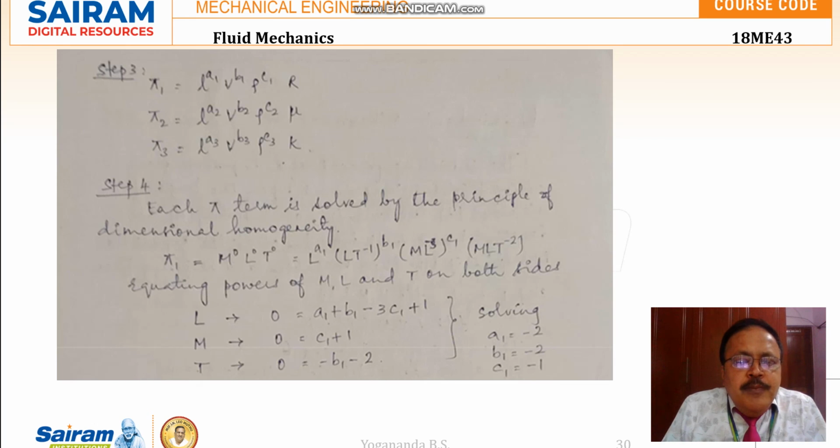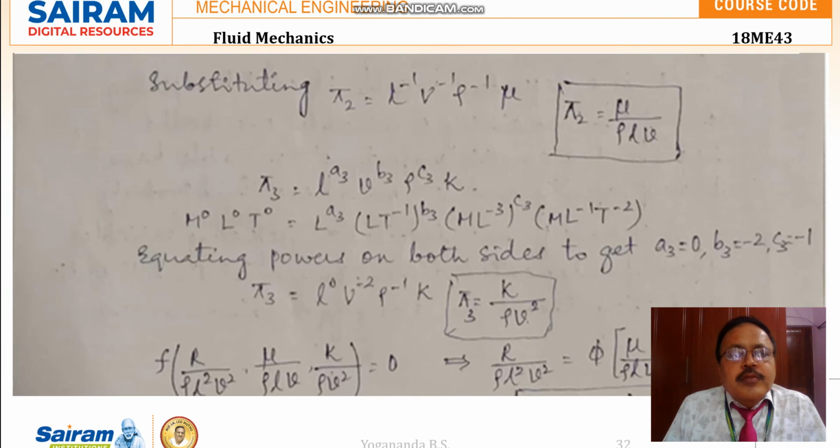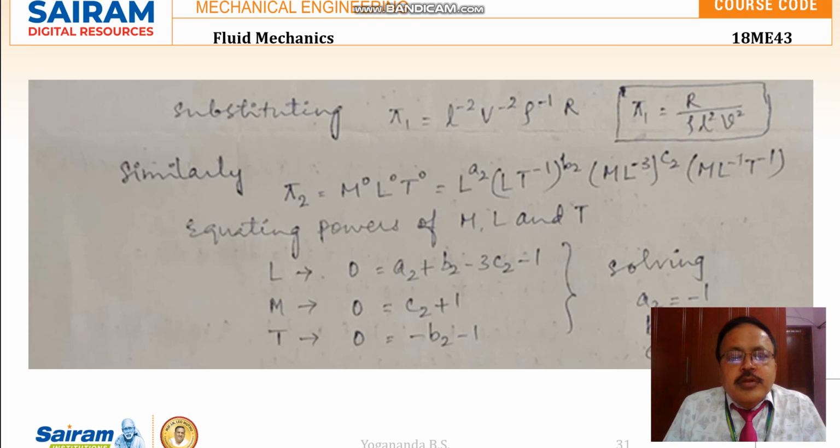Writing the power of L on the right hand side, we have L to the power of A1, L to the power of B1, L to the power of minus 3C1 and L to the power of 1, taking the sum of the powers of L. Similarly, M and T will be written, and solving for A1, B1, C1 we get them.